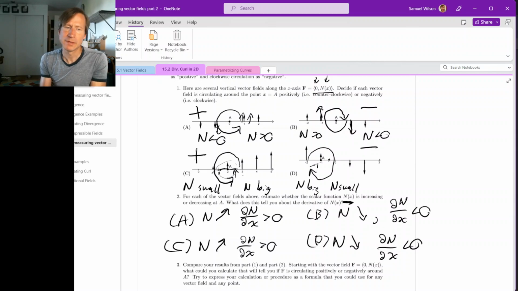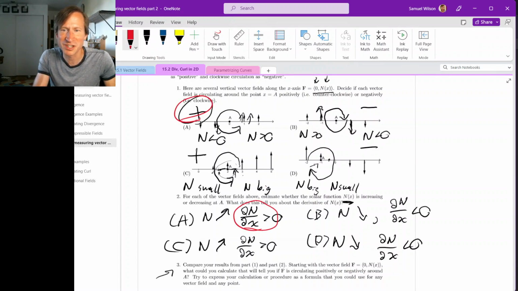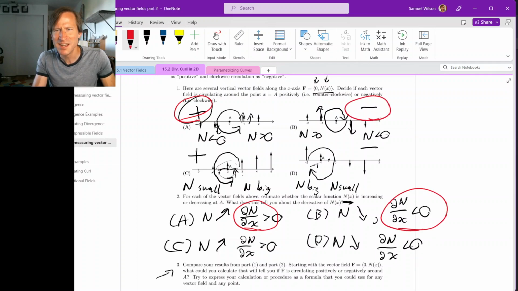Okay. Now for number 3, what I hope you noticed is that whenever this derivative is positive, we have a positive circulation. When this partial derivative is negative, we have a negative circulation. And that doesn't seem like a coincidence, right?